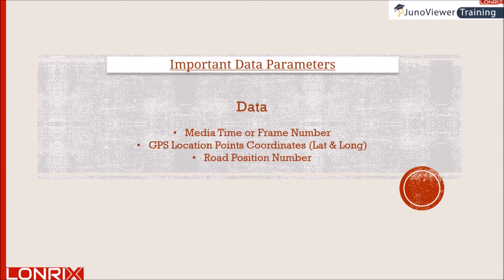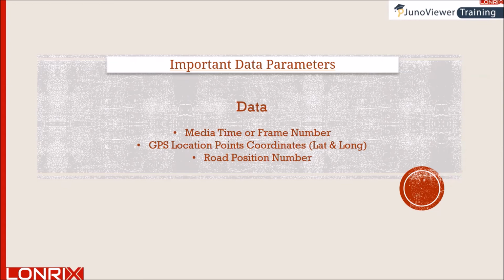Now, as we start to discuss data parameters, that is obviously another important aspect of aligning your road condition data with your videos, with the map, and making sure everything aligns correctly and fits in the right place. Three of the main data parameters that we really do need are GPS location coordinates, so latitude and longitude, and a road position number, which helps us identify whereabouts on that road the video was captured.